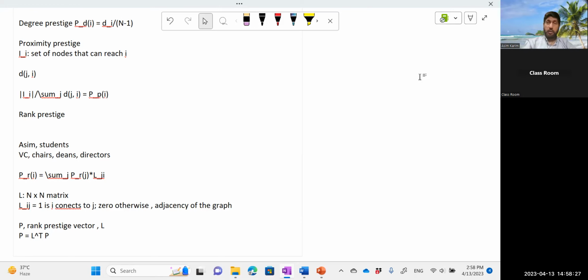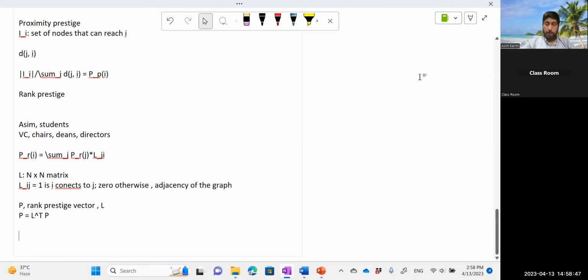So you are familiar with this equation, the eigen equation of an eigen system. We will discuss this in detail later when we talk about the PageRank algorithm. But we need to solve this set of equations, because there are n equations in this. And the solution, of course, will come from the solution of the eigen system problem. So this is the rank prestige. And the rank prestige of a node in a network depends on the prestiges of the other nodes that link to it.